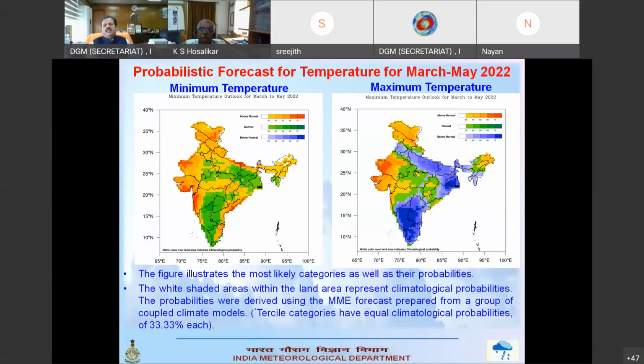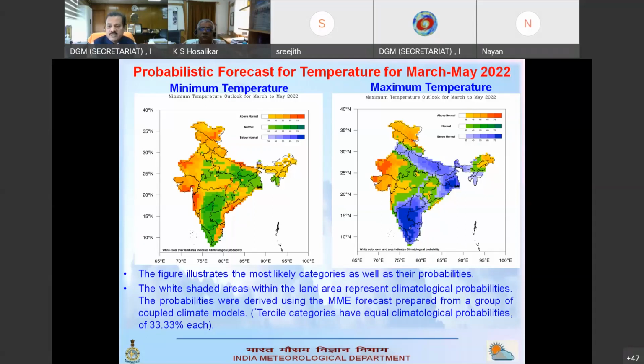Now, let us analyze the impact of the forecast if we can have the higher maximum temperature over parts of northwest India and west central India. We can interpret that the probability of occurrence of the heat waves over the west central and some parts of northwest India could be higher.